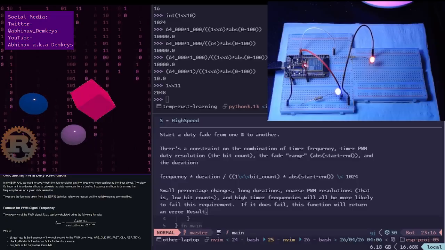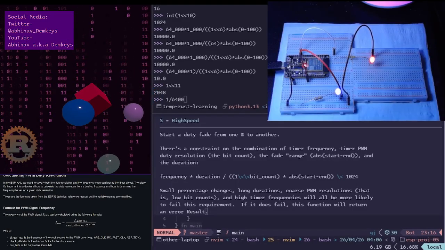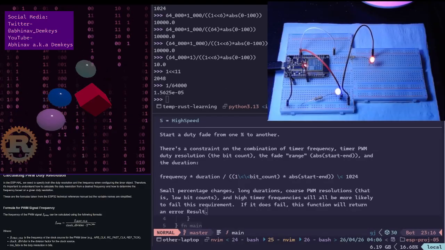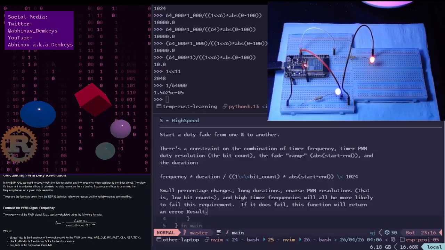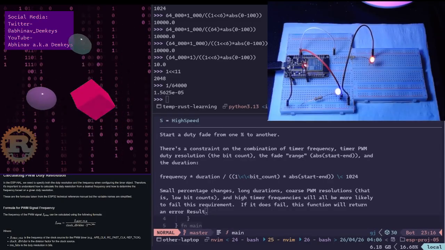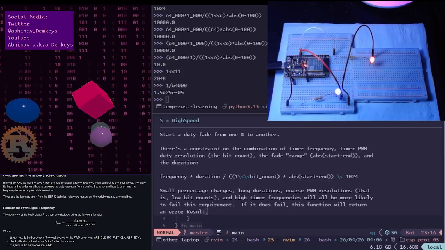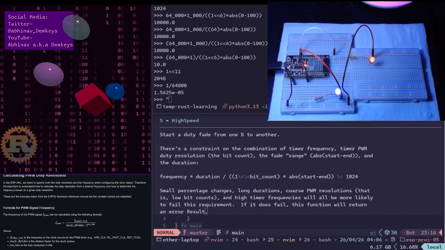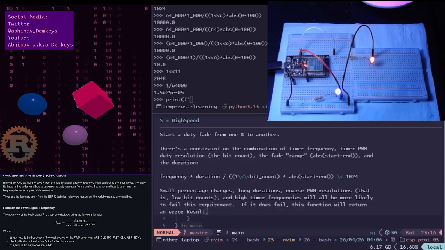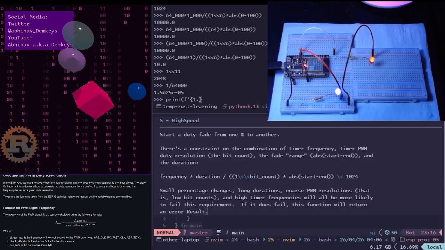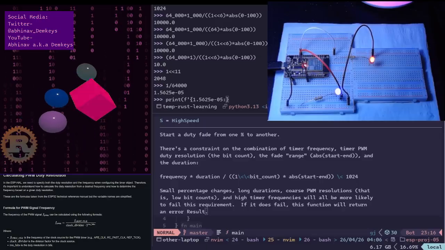Would it be 64,000 or 1 divided by 64,000? No, I'm not sure. What was it? 10F, I think. Yeah, I think it was 10F. Let's do it like this. 1.5625E05 dot 10F.